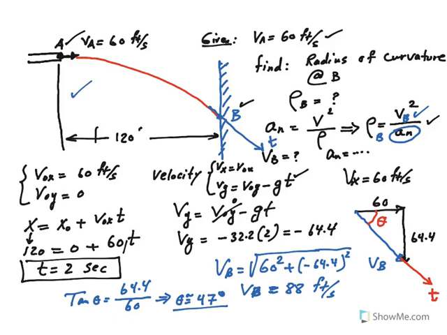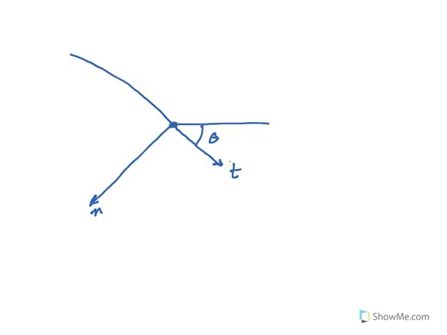Once the water leaves the nozzle, what controls is gravity. So the total acceleration in these types of problems is always gravity, in this case 32.2 feet per second squared pointing down.